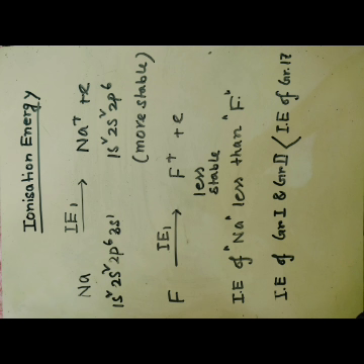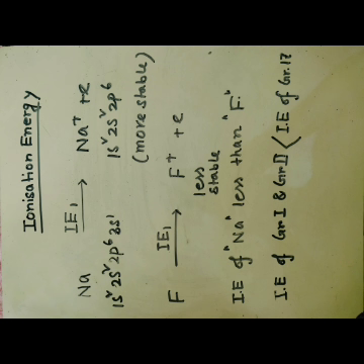Now if you want to remove an electron from their valence shell, it is very tough work, because they are stable when they gain an electron, but you try to remove an electron from the outermost shell. So they require more energy to remove an electron from their valence shell. But it is clear that it requires energy to remove an electron.